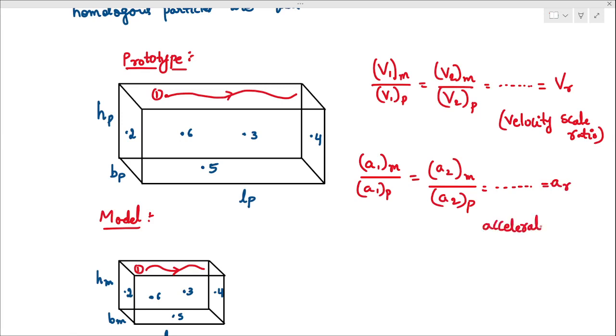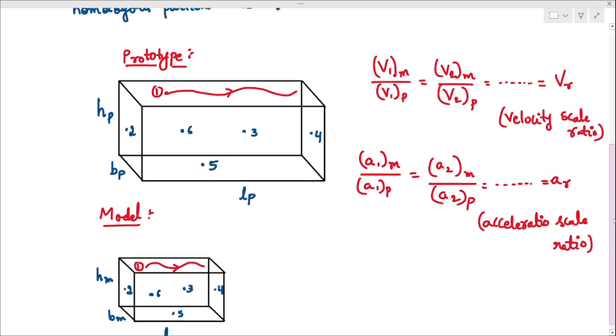So if these things hold good between model and prototype, then we can say they are kinematically similar.